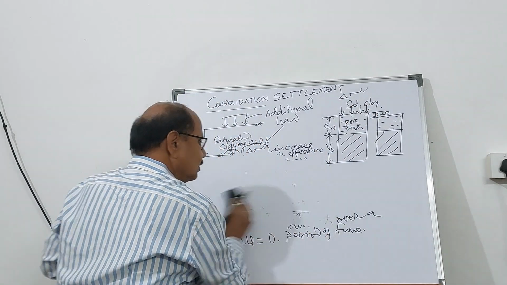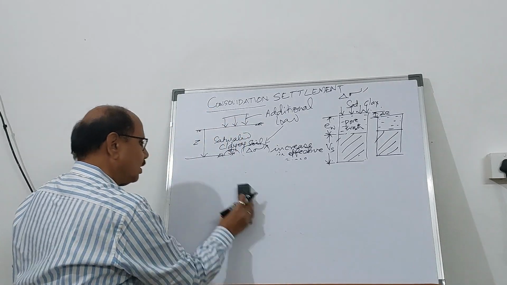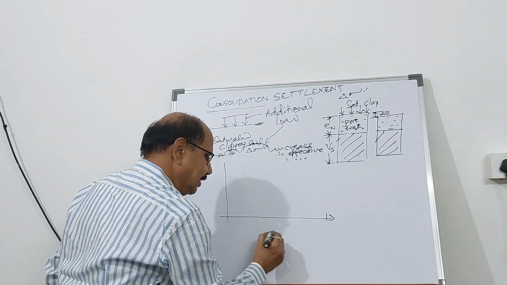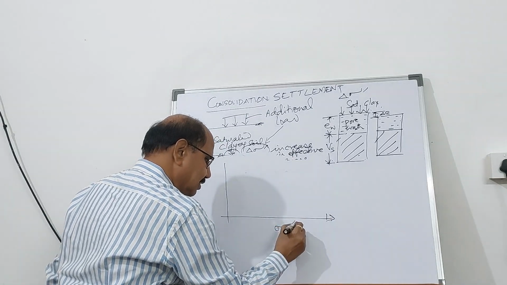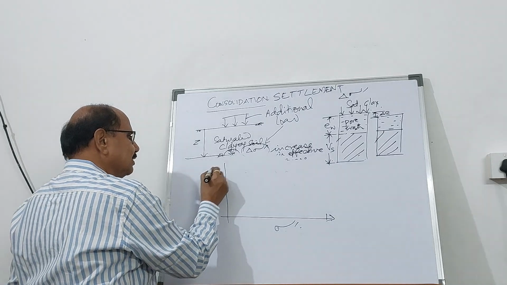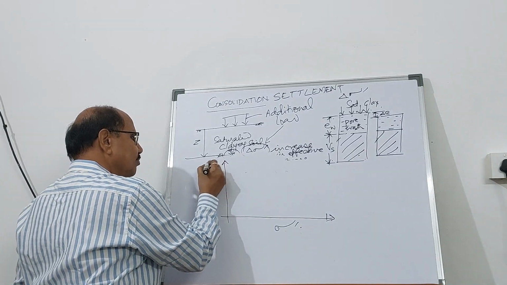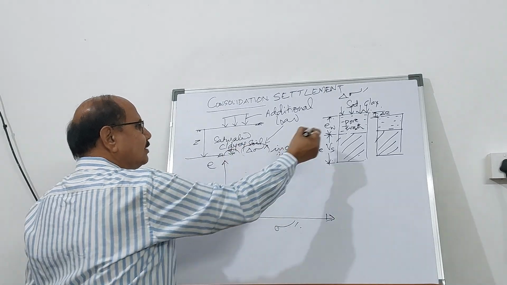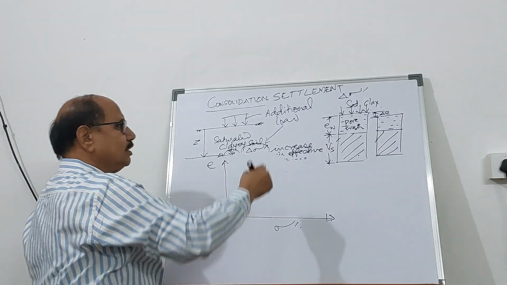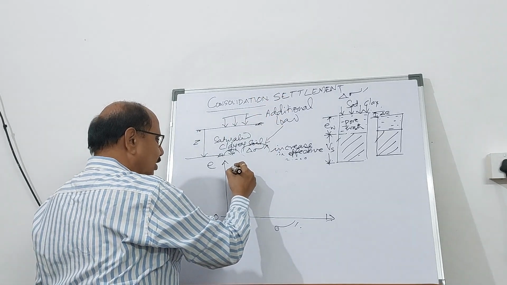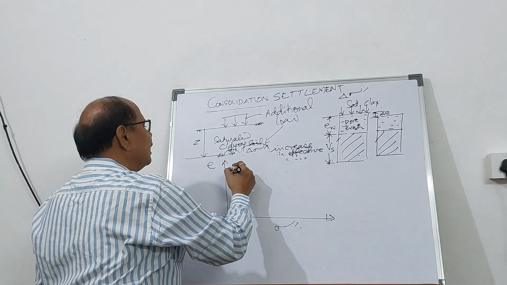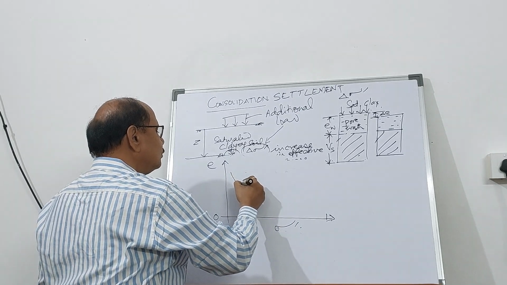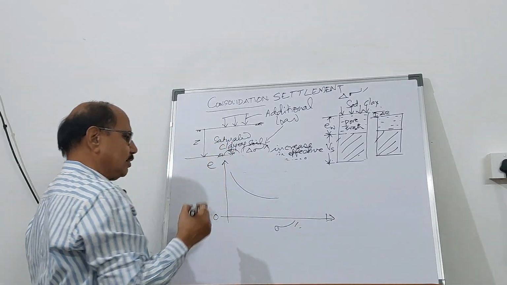So if we plot here the increase in effective stress, sigma prime, and here on the y-axis the void ratio, then you will find that once the soil mass is subjected to additional pressure, there is going to be a reduction in the volume of the soil mass.